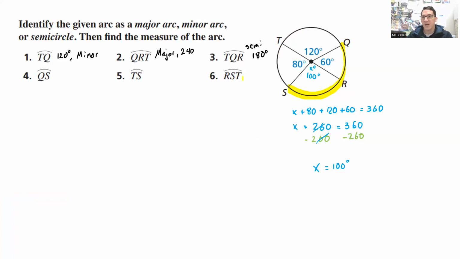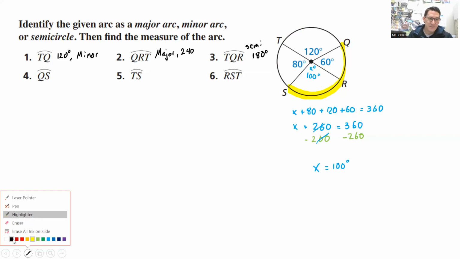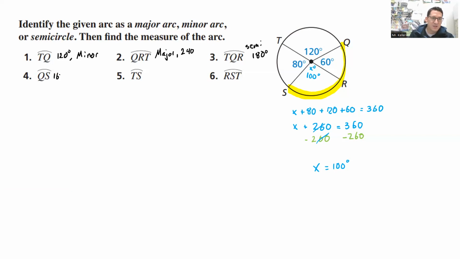If it has three letters, you got to go in that order. So Q to S, add those together, 100 plus 60 is 160. So it's 160 degrees. Since that's less than 180, that is a minor arc.